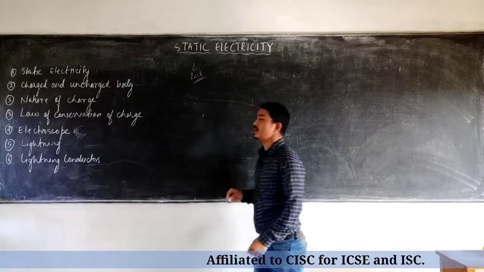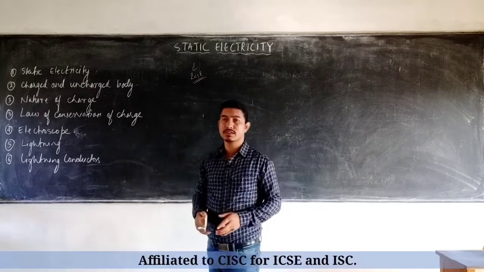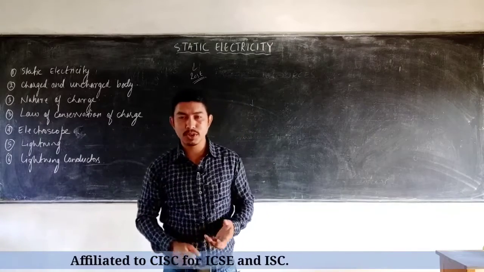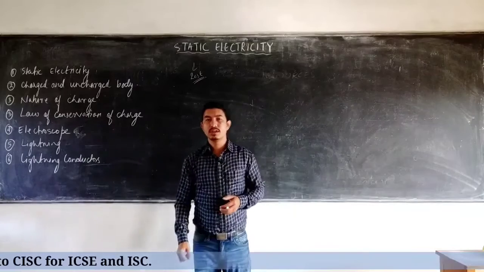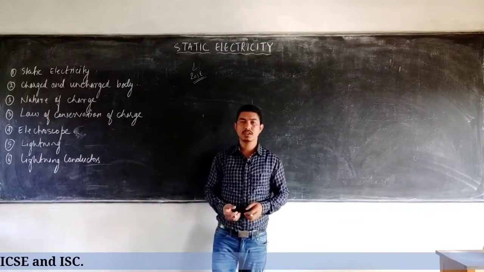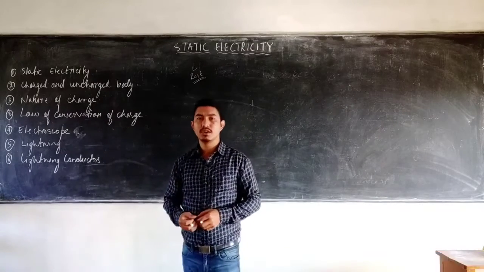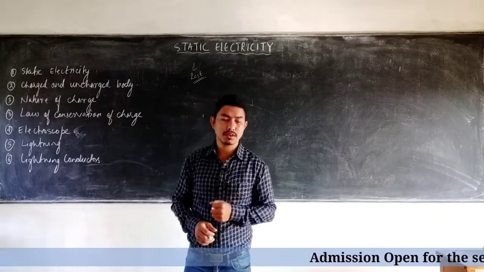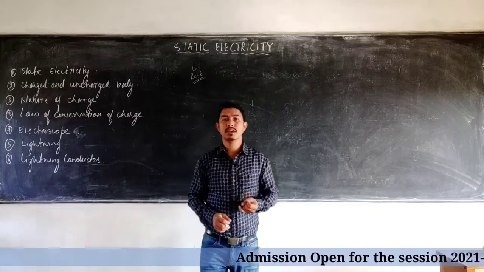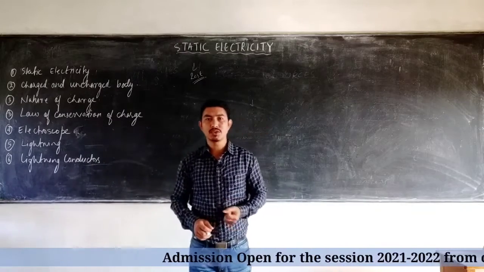Now, to understand static electricity, first you must know about atoms. We know that all matter, irrespective of its state, is made out of very minute particles known as atoms. In turn, these atoms are made up of three subatomic particles, namely the electrons, protons and neutrons.